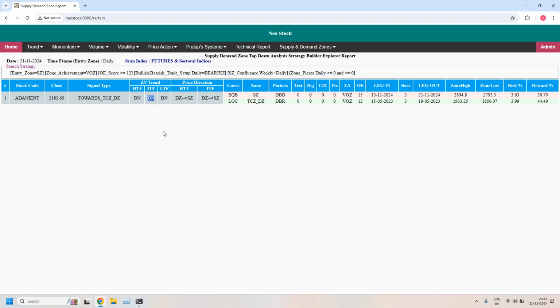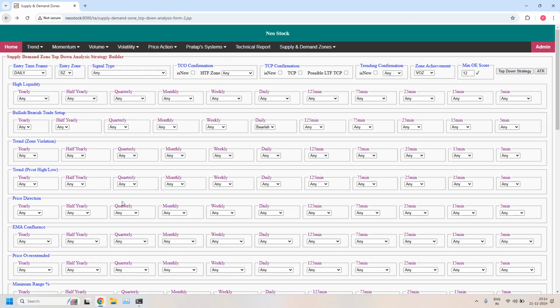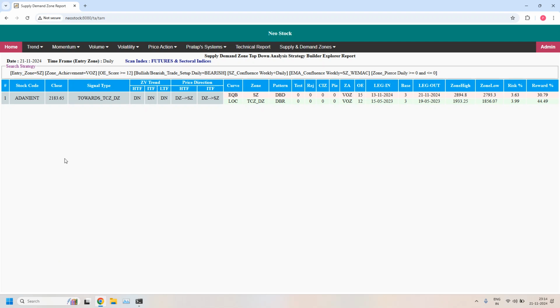If it is having weekly EMA confluence, it is an even higher probability trade setup. Let's verify. In the EMA confluence, weekly time frame, weekly supply zone having weekly EMA confluence filter is enabled. Oh, this is an even higher probability setup supported stock because it is having weekly EMA confluence, weekly supply zone, and the daily supply zone is part of the weekly supply zone.